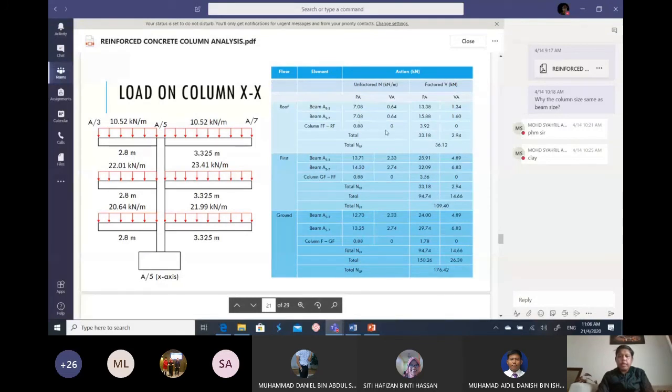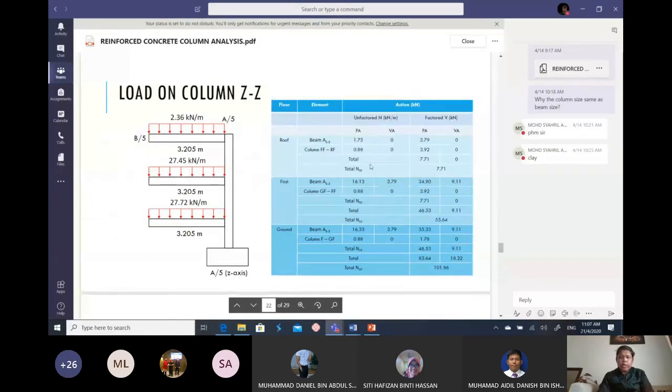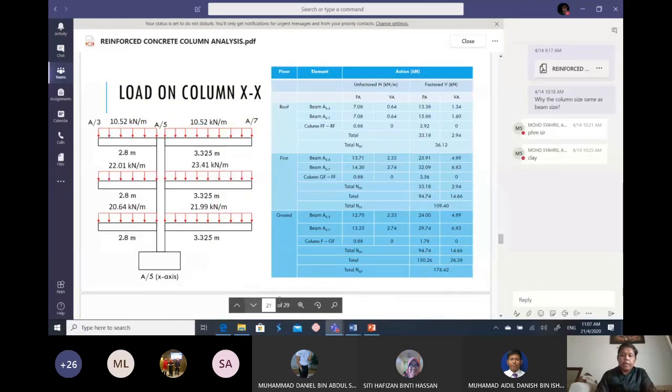You ambil yang ini, total, unfactored ni. You total up everything unfactored load here. This is for the permanent action, this is for the variable action. You total it up, and then you plus with yang satu lagi exist ini. Then you will get the total load for the foundation. Boleh faham? From this table lah, unfactored.